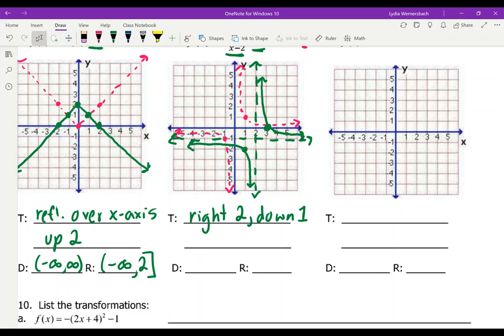So they moved right and down. So that means our domain and our range are also going to move a little bit. So our domain is negative infinity to that vertical asymptote of 2. And then it picks back up at 2 and goes to infinity. And our range is bottom to top. It'll be negative infinity to that horizontal asymptote of negative 1. And then it'll pick back up at negative 1 and go to infinity.